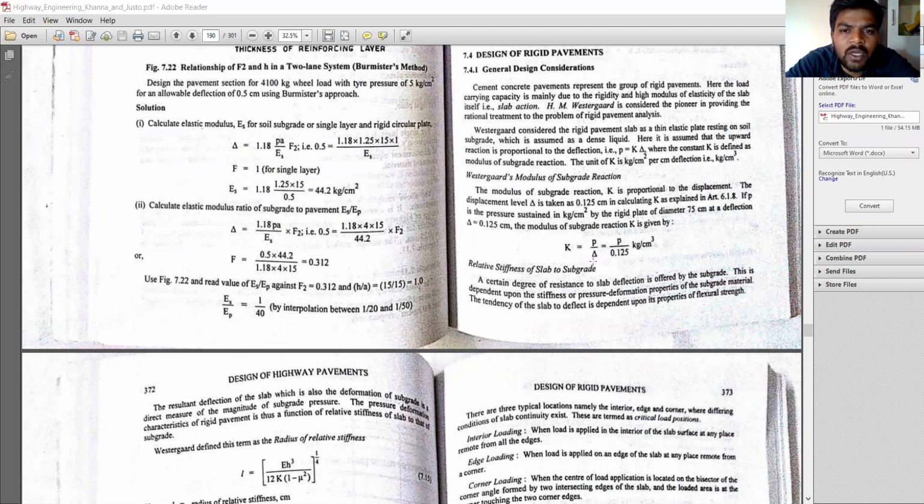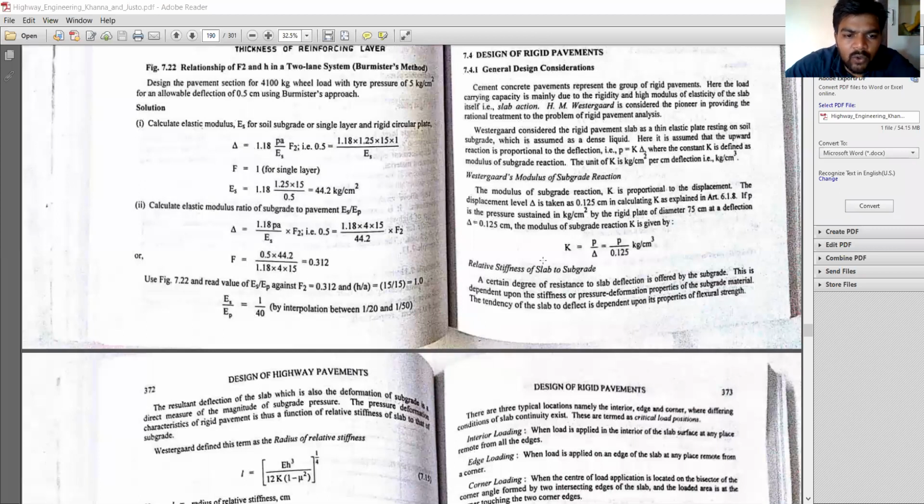So there is no layer by layer construction. Directly on the compacted subgrade, you lay the concrete pavement with the required thickness. Hence the subgrade reaction is very important in constructing rigid pavement.